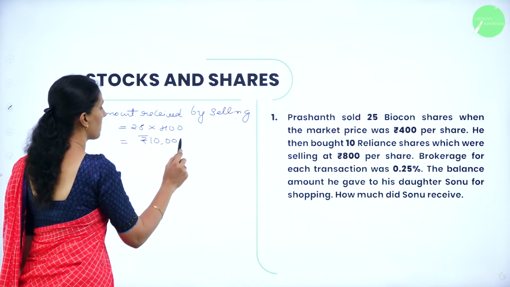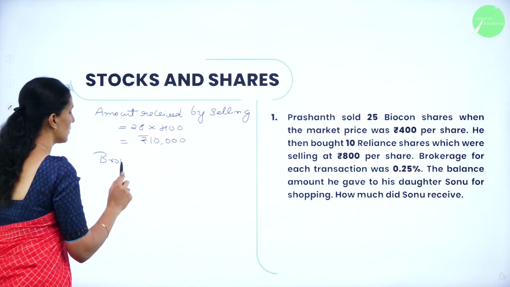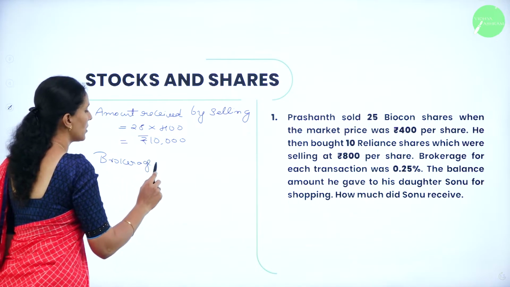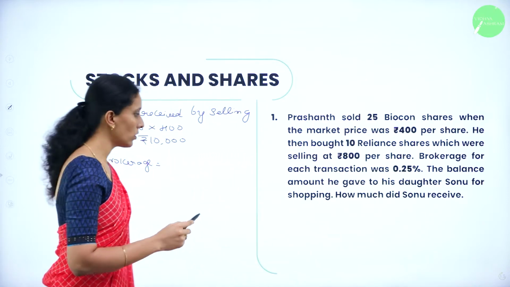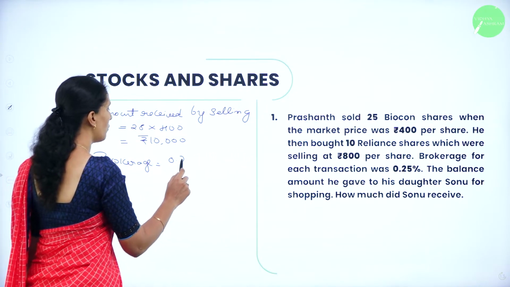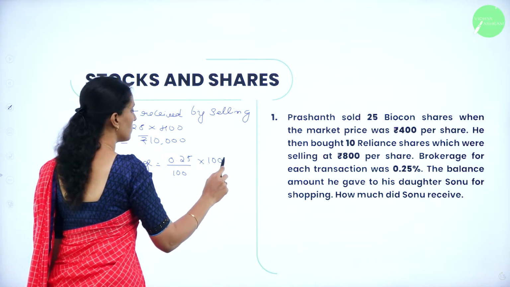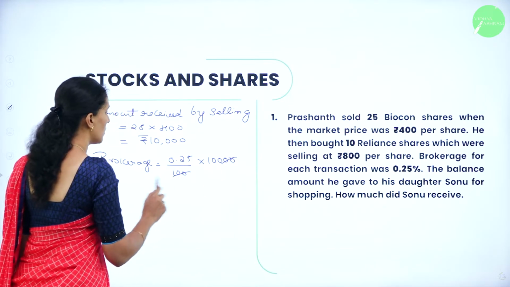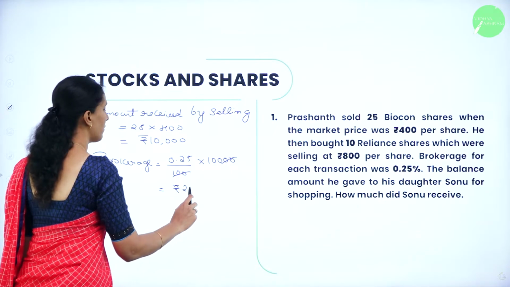Now let's calculate the brokerage here. They have given it is 0.25% for both. So it is 0.25 by 100 into 10,000, which is equal to rupees 25.